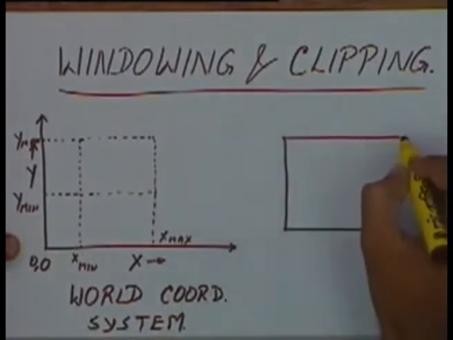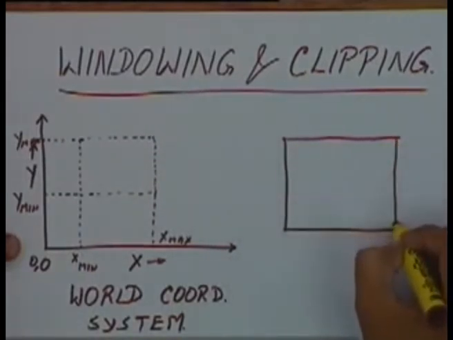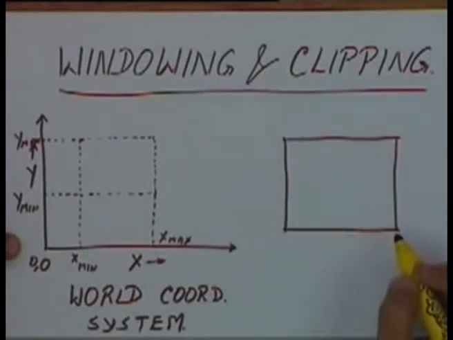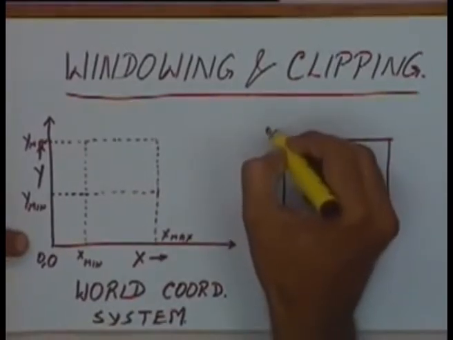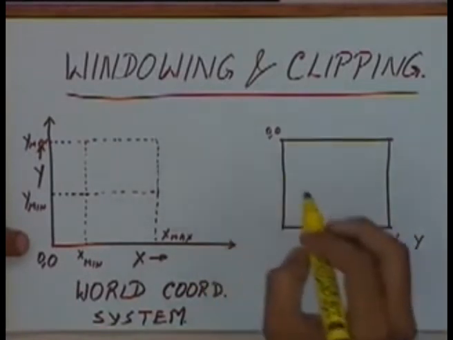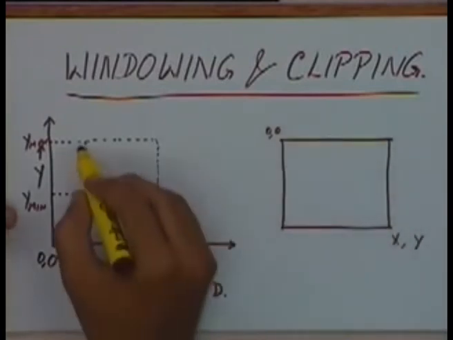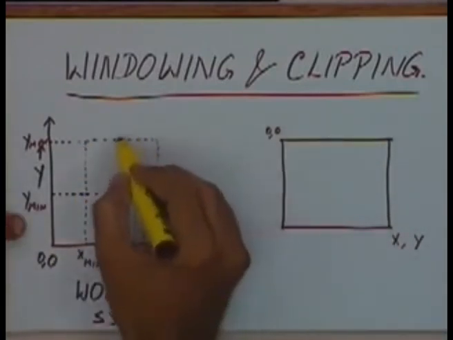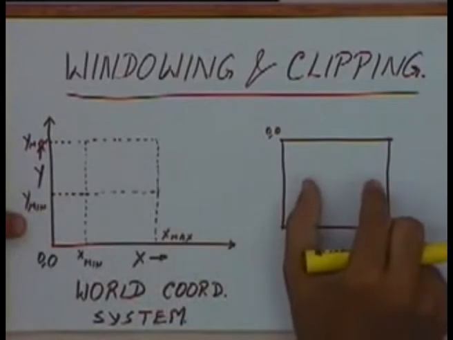So, if this is the size of a screen, let us say this being the 0 0 and this being the maximum in terms of x and y, we will normally like this window to be mapped down to a finite portion of this screen.